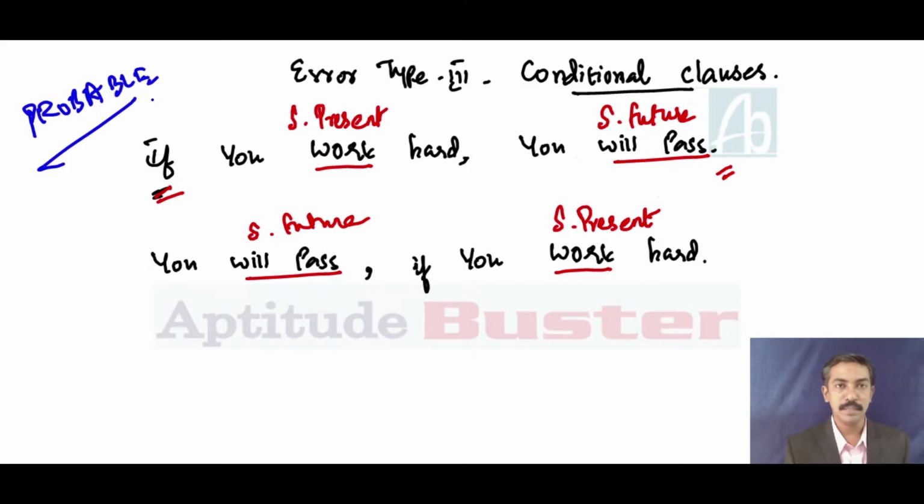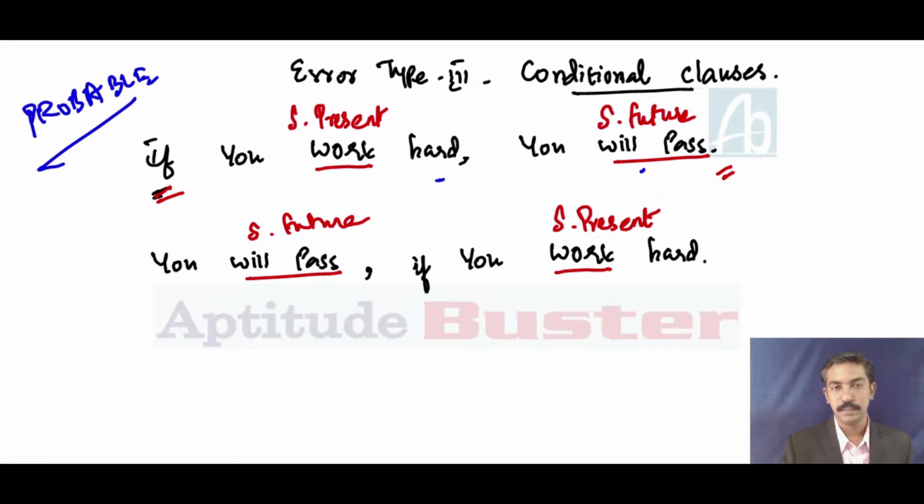I call this probable condition because it talks about a condition which will happen. If you work hard, you will pass. If it rains, the match will be cancelled. Whenever you discuss a possibility which will happen, it is called a probable condition, and probable conditionals have specific verb form.